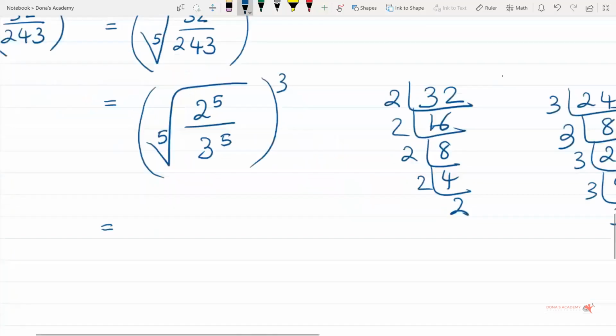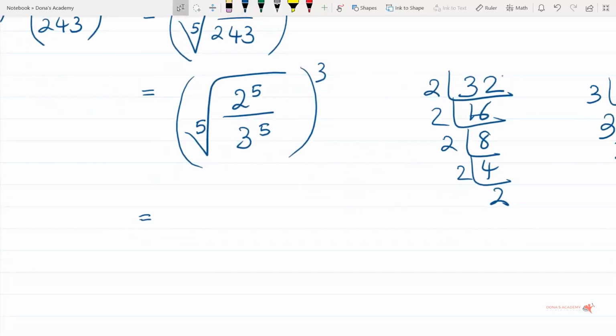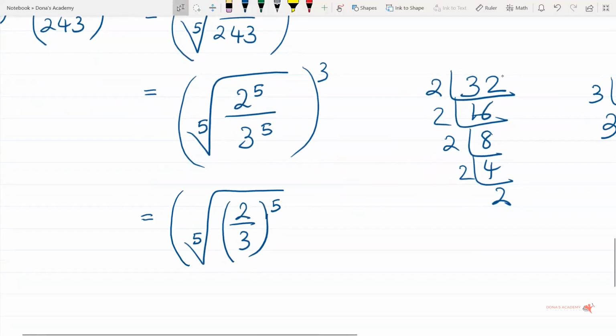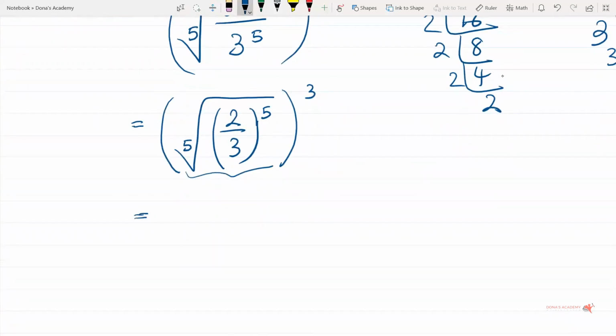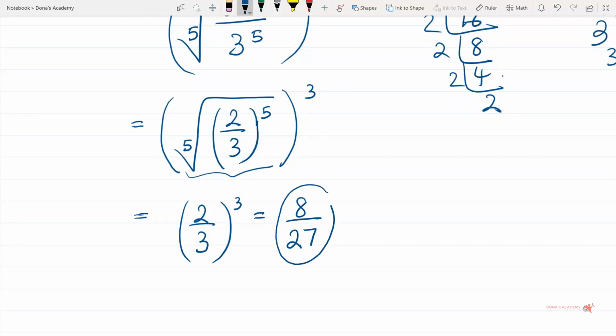Now the inside is 2 over 3 to the power 5, and then the third power. Now what is this inside? It is the same as 2 over 3, cubed. This is the same as 8 divided by 27. So this is my final answer.